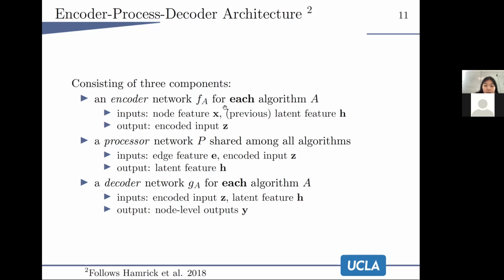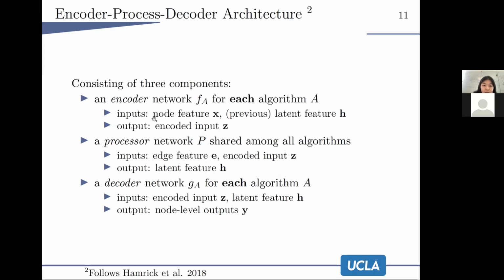This network is algorithm specific, which means that for each algorithm, we have an encoder network and a decoder network specific to this algorithm. But the processor network P in the middle is shared among all algorithms. So in a way, this framework is typically multitask learning. They share the processor network among all of them.